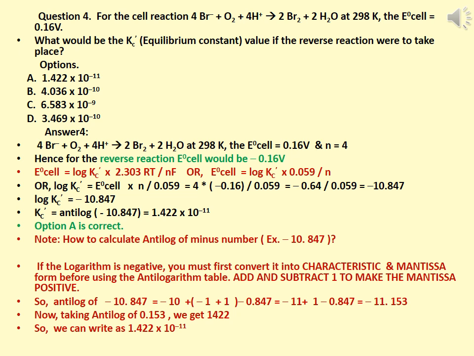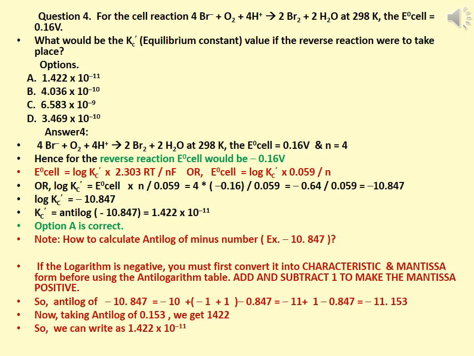What would be the K dash equilibrium constant value if the reverse reaction were to take place? Because it is calculation of equilibrium constant for the reverse reaction, it is shown by the symbol K dash C. So 4 options are given. We need to work out and then choose the right option.